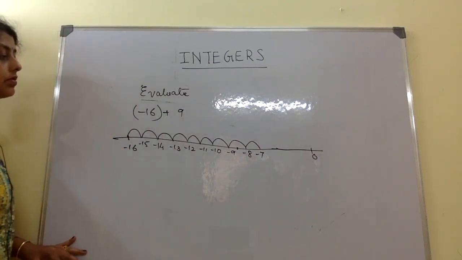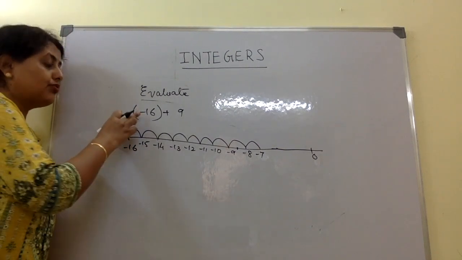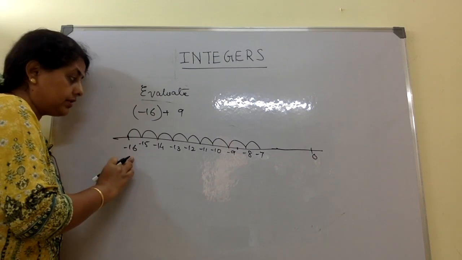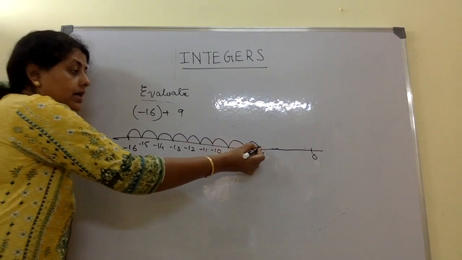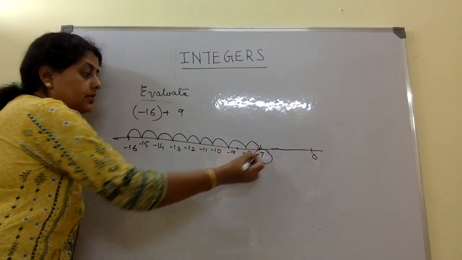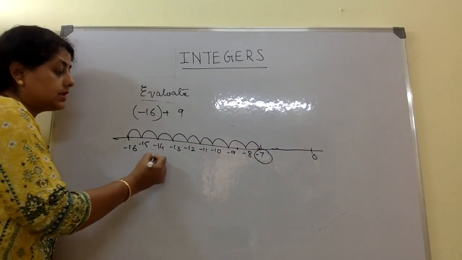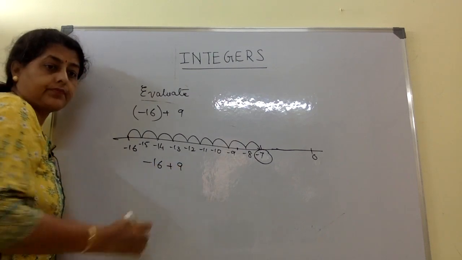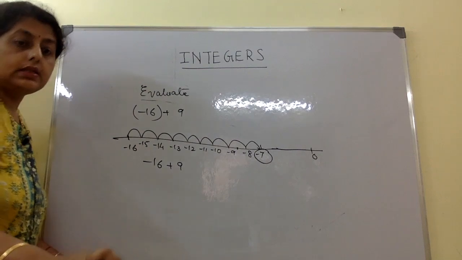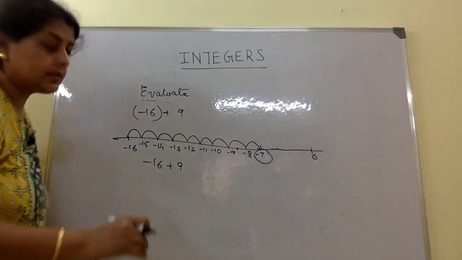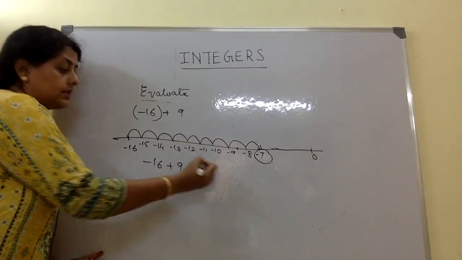So I started with a minus sign, and then since they said plus 9, I am going to the right, so I finally reached minus 7. So minus 16 plus 9 is minus 7.